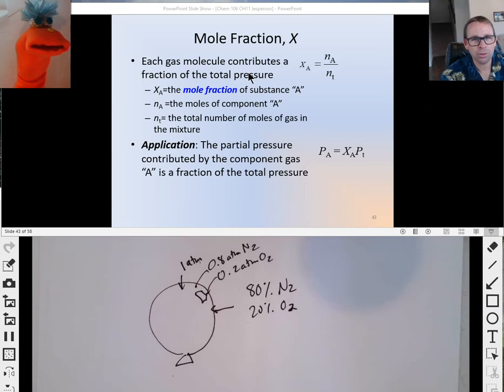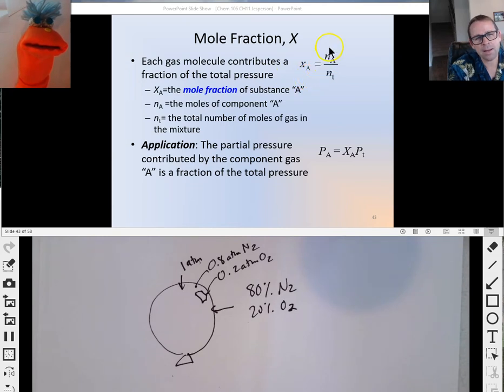Now, if I knew the partial pressure, or the pressure that's contributed by one of the gases, and I knew the mole fraction of that gas, then I could identify the total moles that are in the sample. I could also identify the mole fraction of the other gases, or in other words, how many moles there are of the different gases in that container.